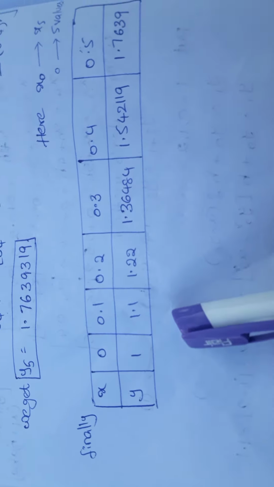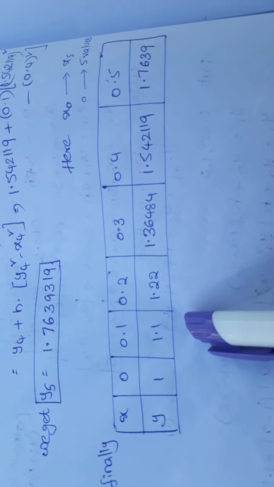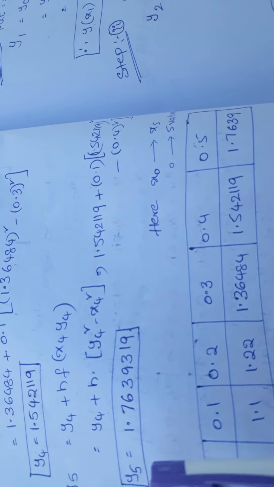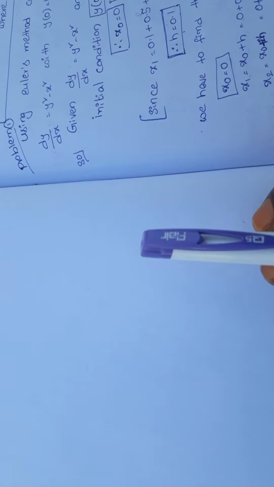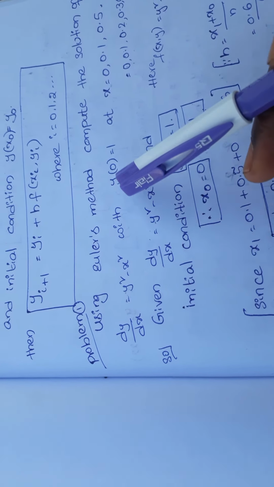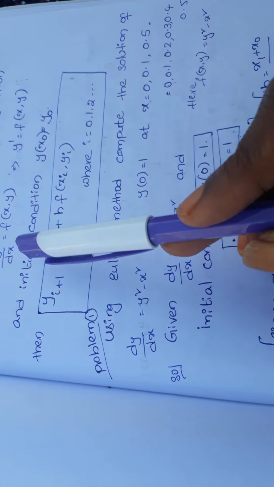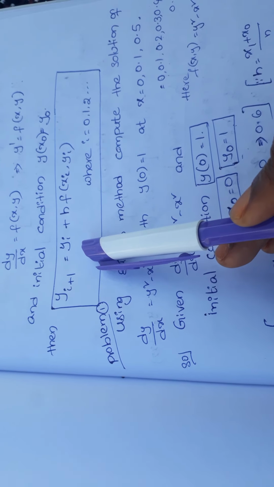So this is the graph. So this is the final answer of the given differential equation y square minus x square with initial condition y of 0 is equal to 1 by using Euler's method.